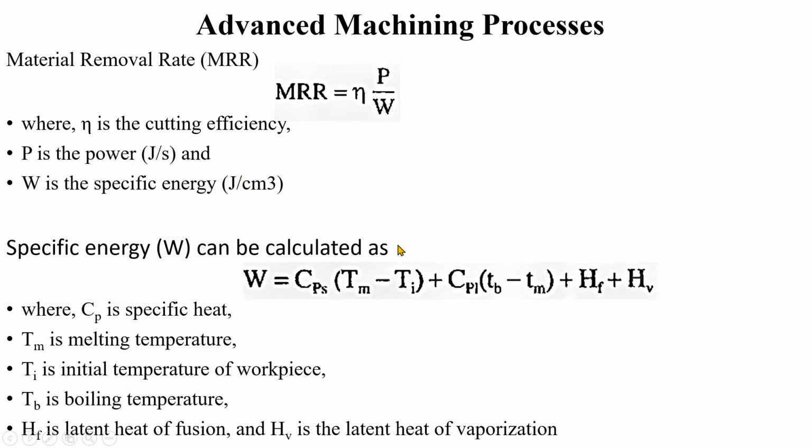This specific energy can be calculated using this formula. Here Cp is the specific heat of the material, Tm is the melting temperature of the workpiece, Ti is the initial temperature of the workpiece material, Tb is the boiling temperature of the workpiece, Hf is the latent heat of fusion, and Hv is the latent heat of vaporization of the workpiece material. By this we can calculate the material removal rate.